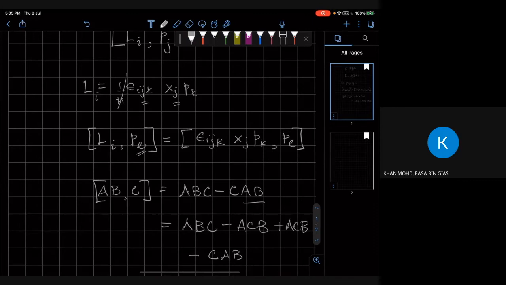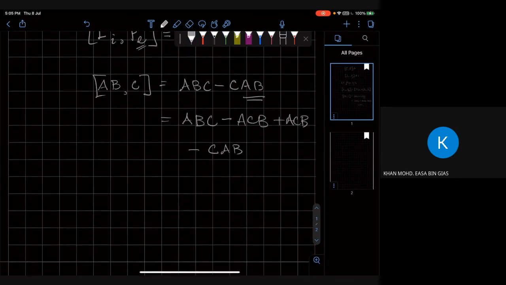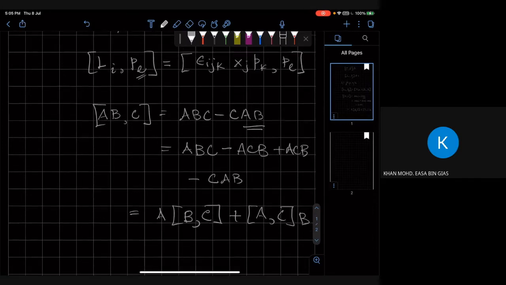And then we can write this as A times the commutator of B and C plus the commutator of A and C times B. So this is basically a way of breaking up a product of operators in a commutator as a sum of commutators, okay?